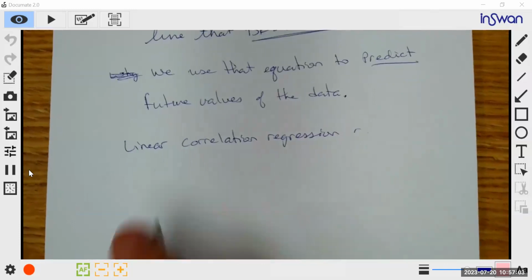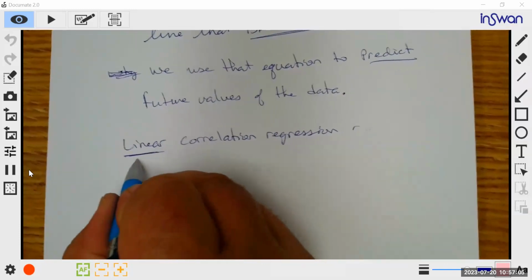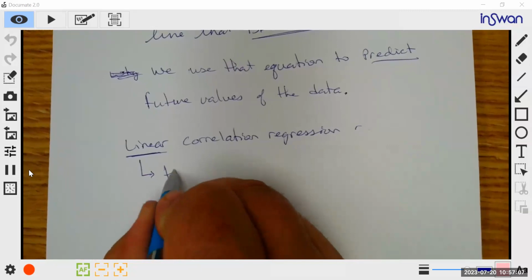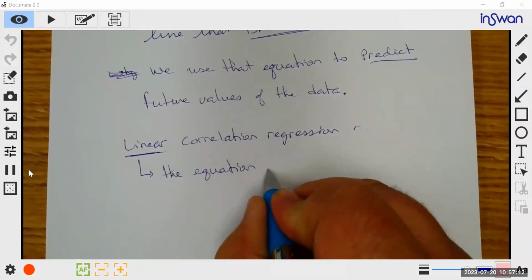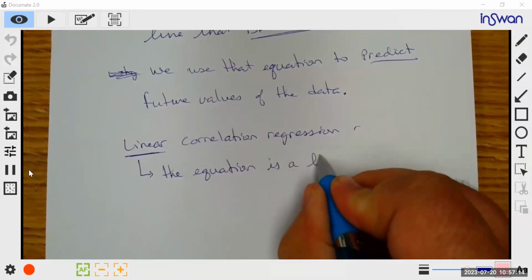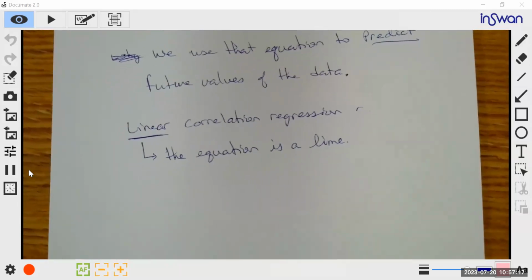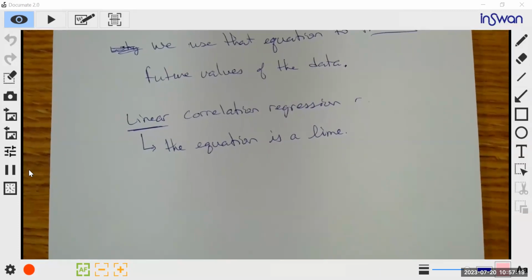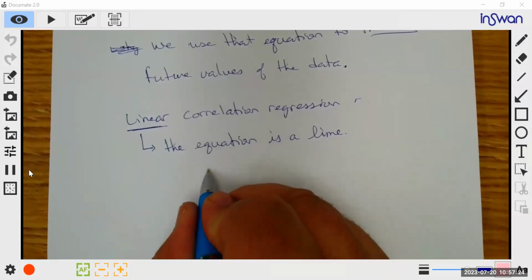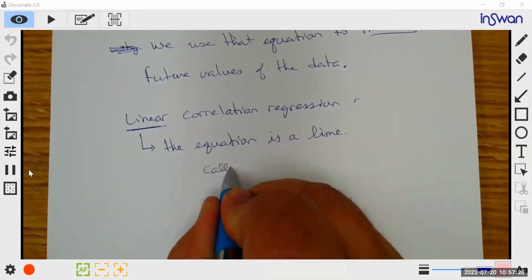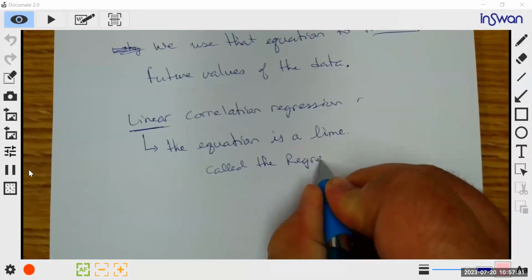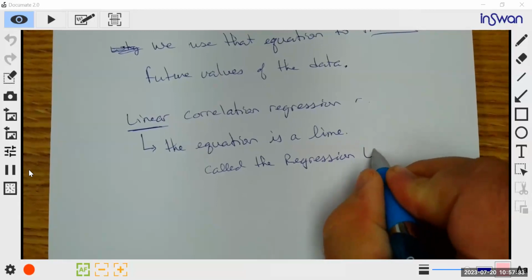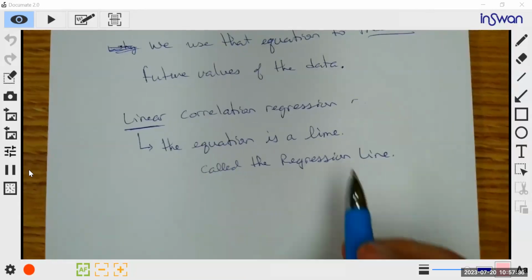We always talk about linear. The equation is a line. Call it the regression line.